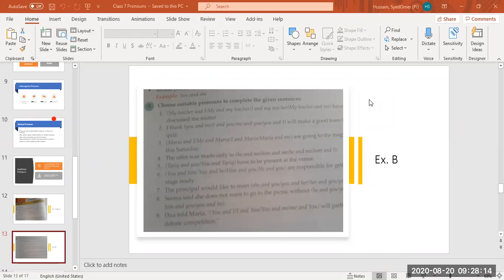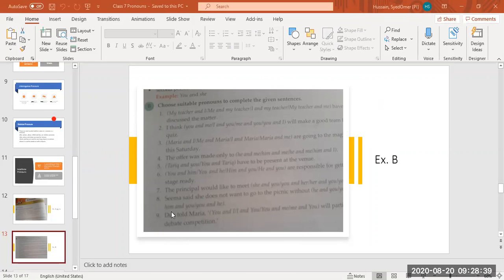Do the sixth one also. You and him, and he and you are responsible for getting the stage ready. So what is the right option? You and him? Better, you and he.